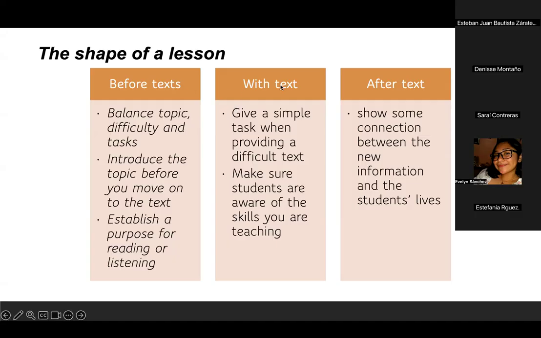Then the second moment with the text, when you have this text, you need to give a simple task. For instance, in this case, recognize difficult words. This is a simple task. And then a more difficult task will consist on identifying between lines ideas.